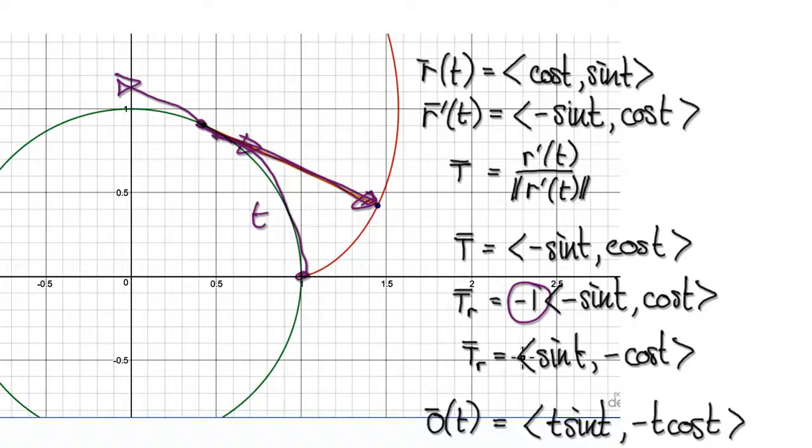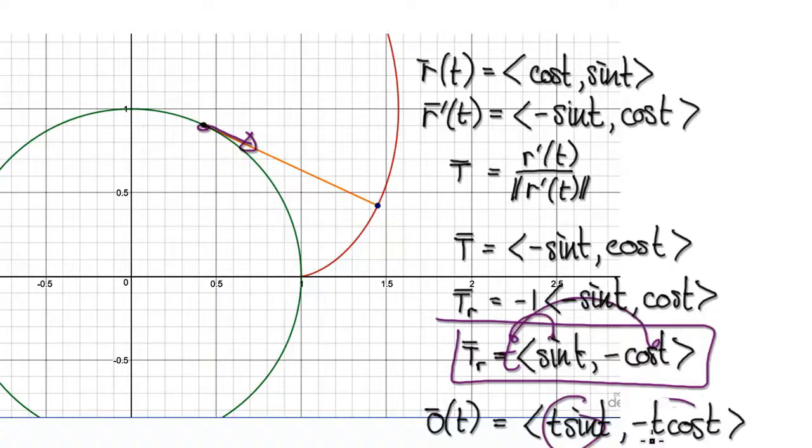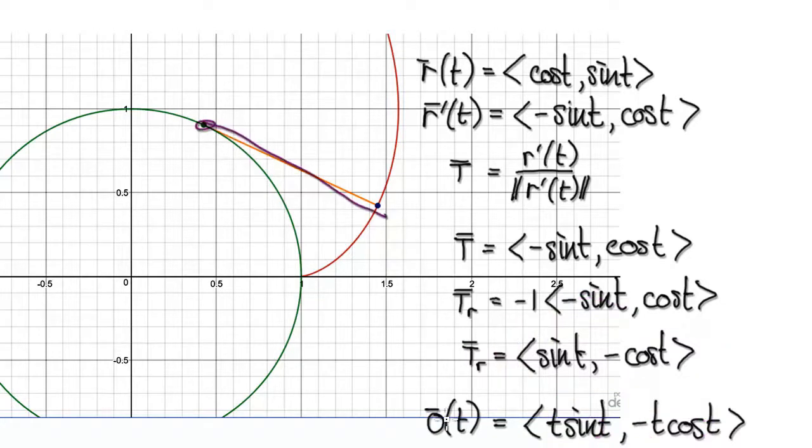So this is our unit tangent going in the opposite direction. But now we want to times t, because we know this length here is t. So times t. This times this will then give us this thing here. So let's call this orange vector here. The orange vector is given by that.